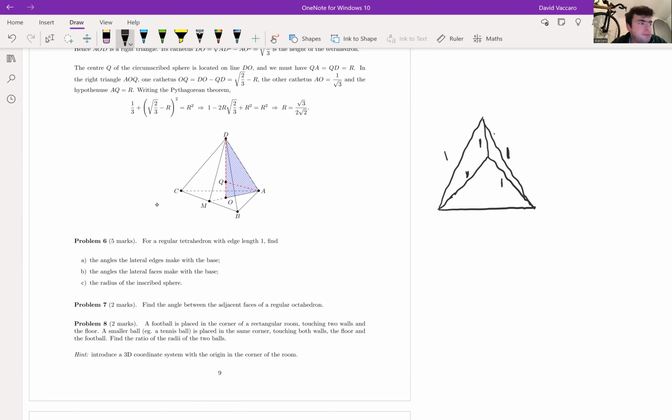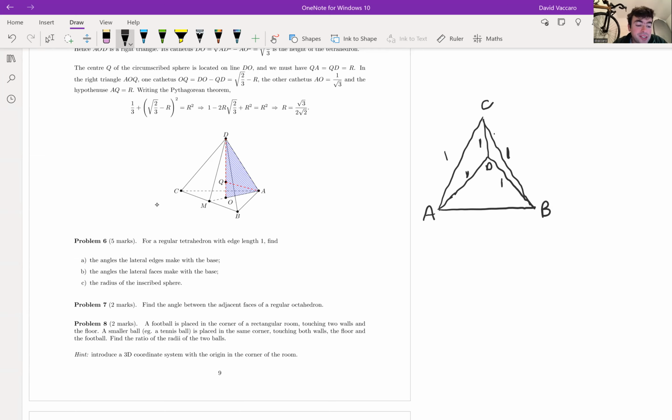Now, by symmetry, above which point will the top of the tetrahedron lie? It makes clear sense to me that if you project down from D to the base, then the distances to each of the corners will be the same.